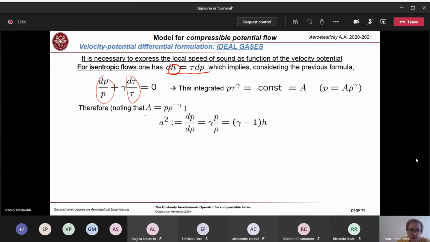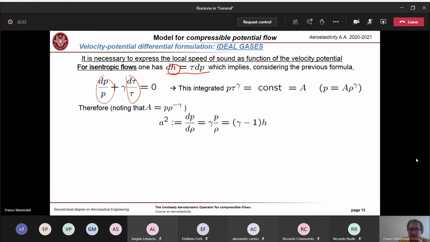in this way, noting that a, the constant, is essentially equal to p by rho to the minus gamma, we can define a square, the square of the sound velocity, like the derivative of p.